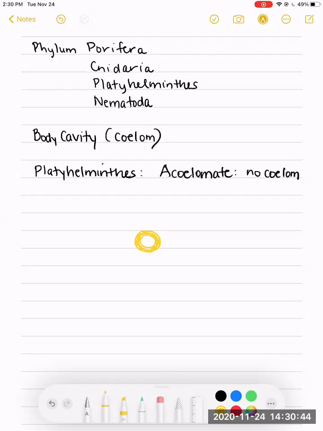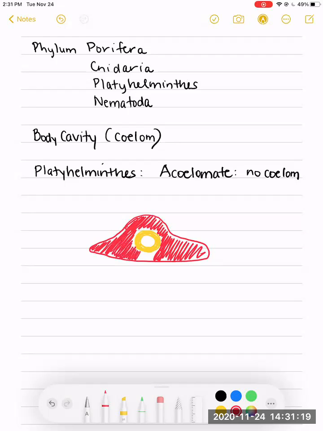And then immediately surrounding that gut, with no space in between, is going to be the mesoderm. And this is going to be a cross section of the worm. Sorry, it should be symmetrical, but it's not. So no space. This is just going to be completely filled in with mesoderm.